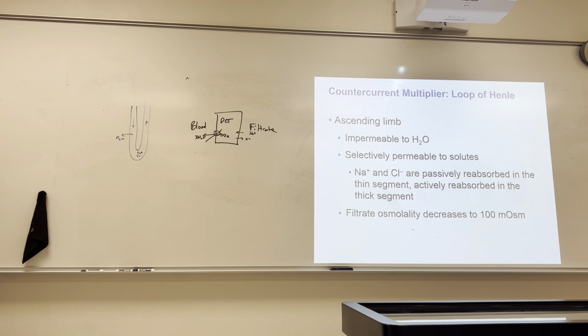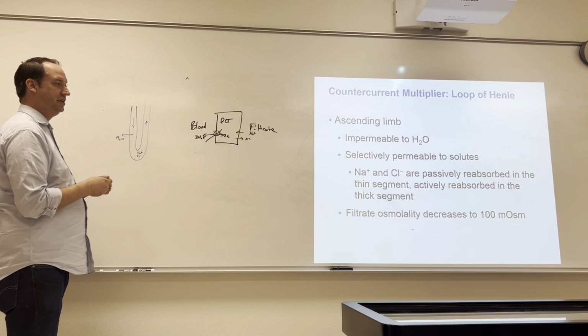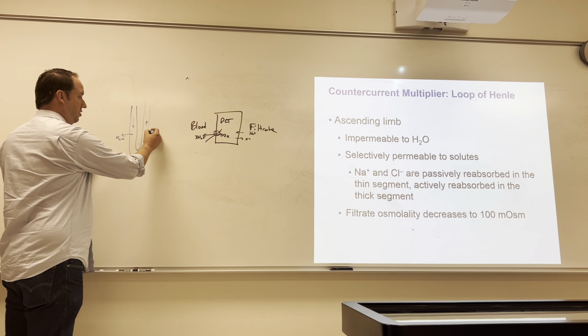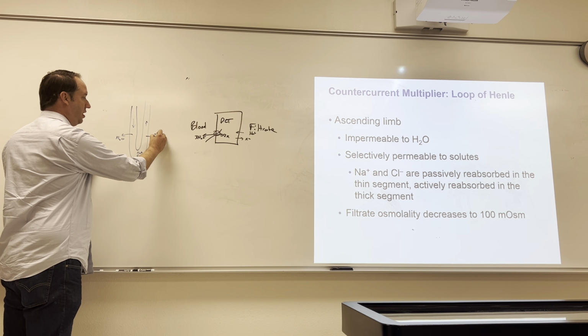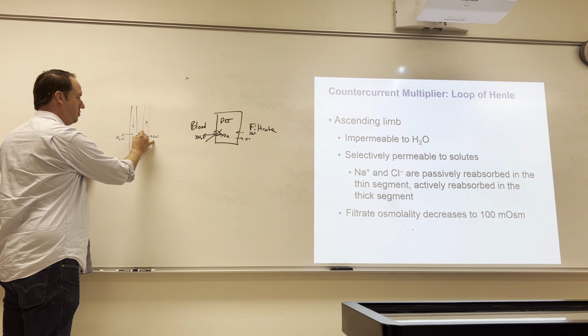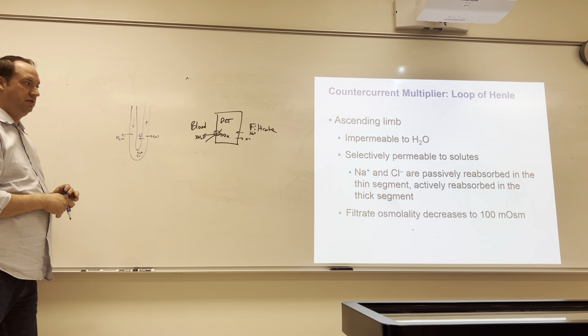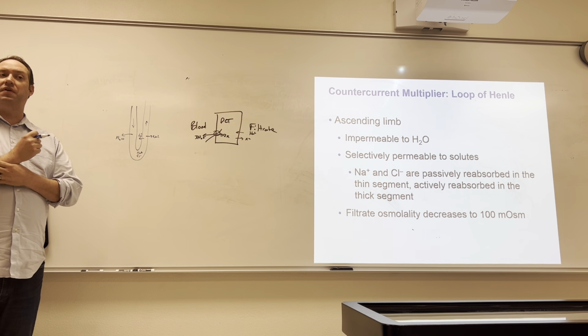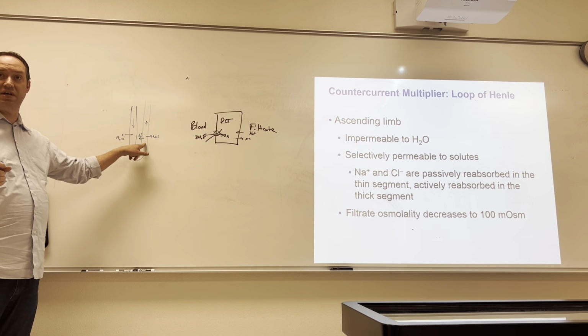Now, when that fluid comes back up the ascending limb, water can't move anymore. It's impermeable to water, and it's only permeable to these salts, which conveniently there's a lot of there. So now, as we go up, that sodium and that chloride move out into this interstitial space. Normally, what would follow sodium is water, but water can't come out of this side.